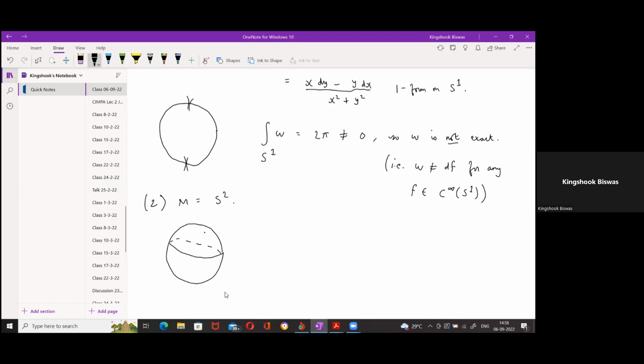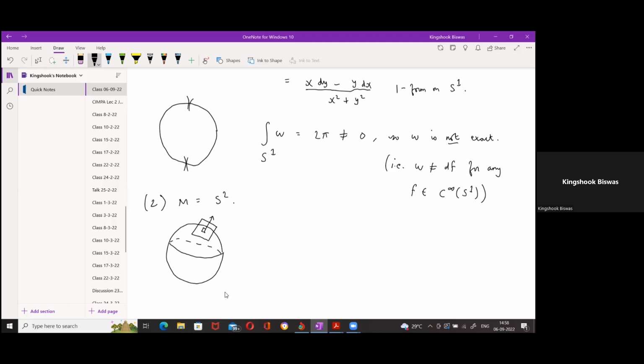So I want to define its value on a pair of vectors, right? So I take the outward normal. This is sitting inside R3. The tangent space is a subspace of R3. So I can take the outward normal at any point, right? It's just the radial vector.